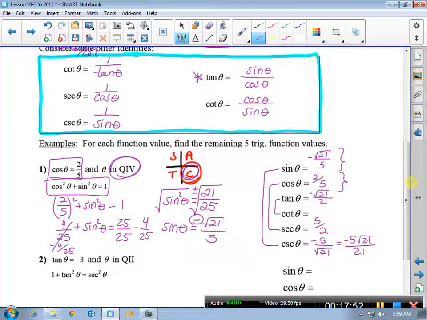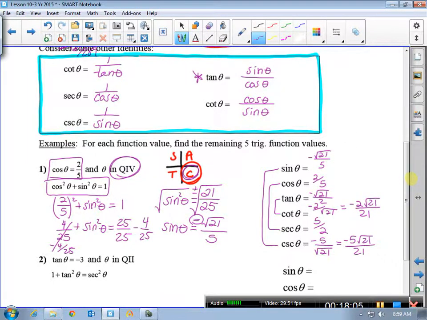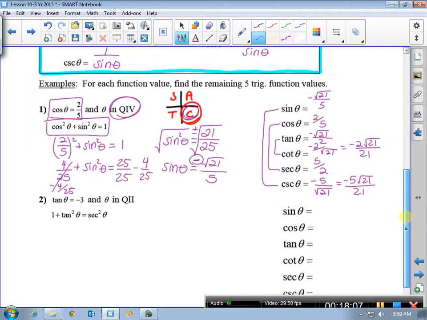Then I'm just going to flip it for cotangent and rationalize. And there we go. We have the values of all 5 extra trig functions. And do another last minute check. Do you have all the signs right? Only cosine and its reciprocal should be positive. Excellent.